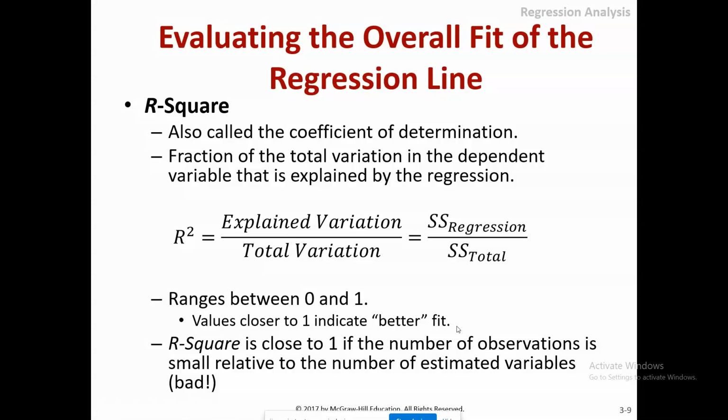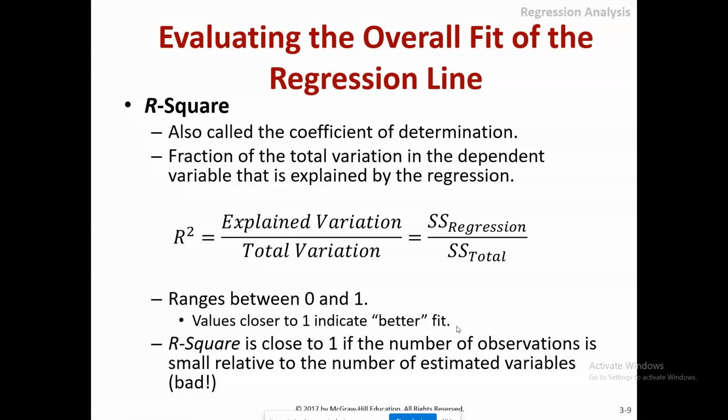But there's an issue with R squared. Sometimes R squared is close to 1 if the number of observations is small relative to the number of estimated variables.